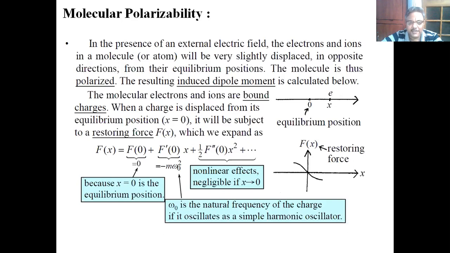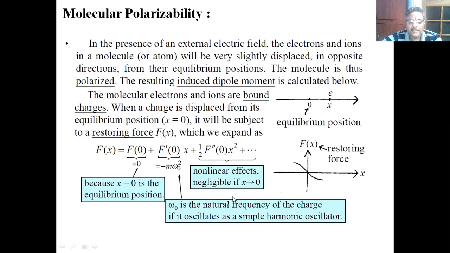When the charge is displaced from the equilibrium position x equal to 0, it will be subjected to a restoring force, capital F. This restoring force is a combination of various forces. The first one is the force due to its equilibrium position. The second one is due to the natural frequency of oscillation.